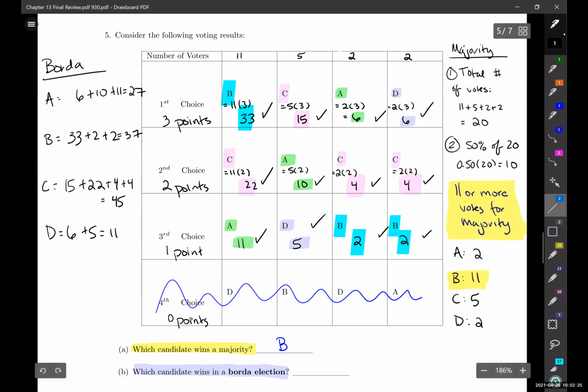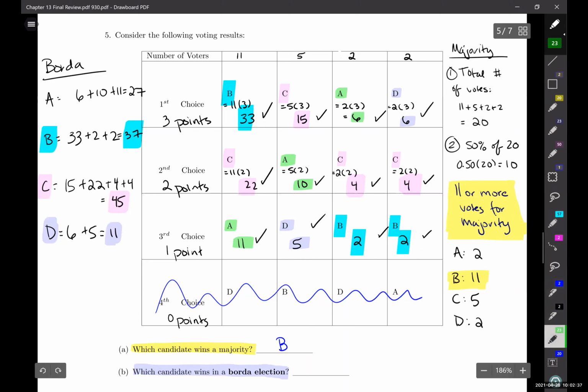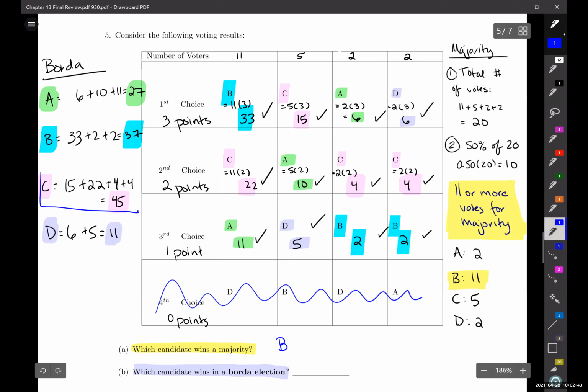So let's see. With this in mind, we can see the highest total number of votes was C. So we would call C the Borda method winner.